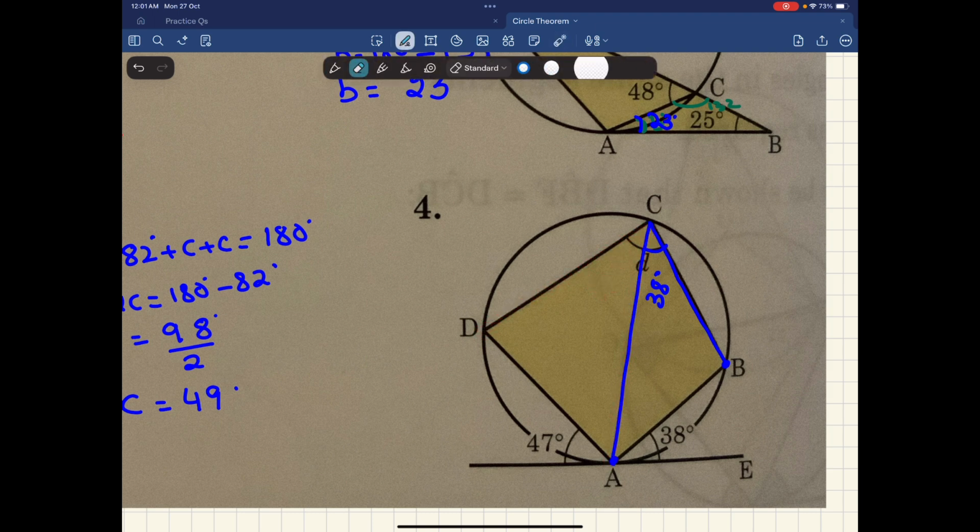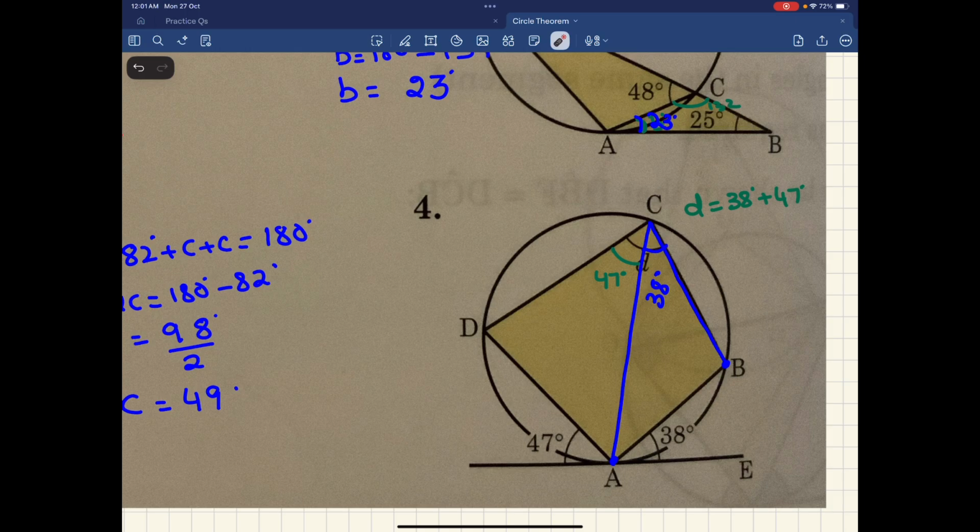And we know that angle D is going to be 38 plus 47 degrees, because this is angle D. So this is 47, this is 38. We're going to add them together to evaluate angle D. So D is going to be 85 degrees.